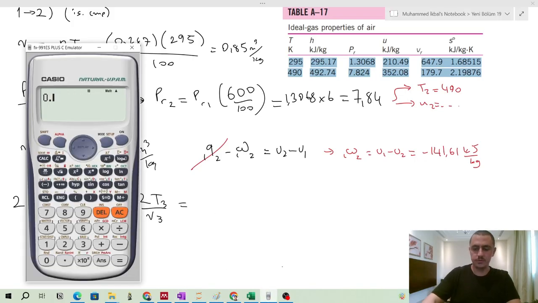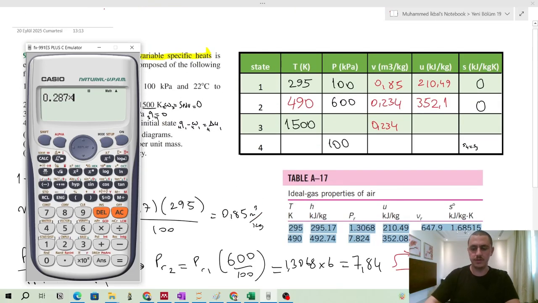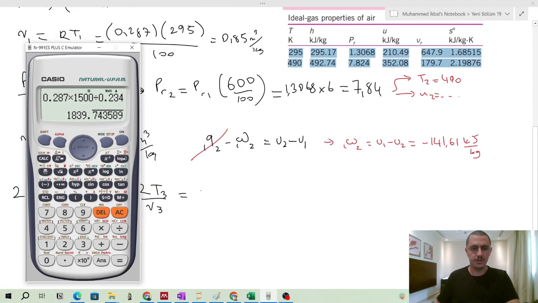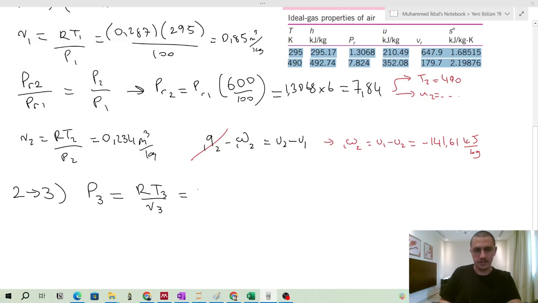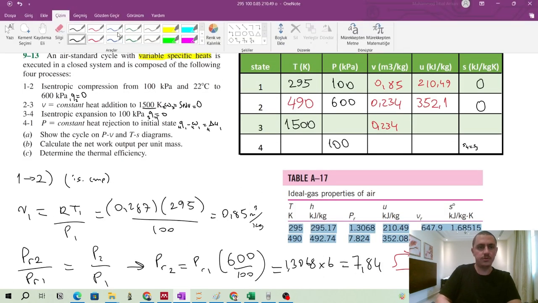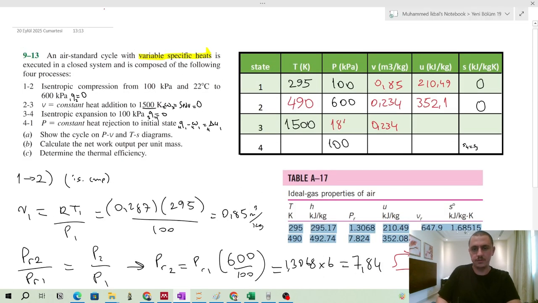What's T3? 1500 over the specific volume. That will give you actually 1840 kilopascal. And also insert it to the table.